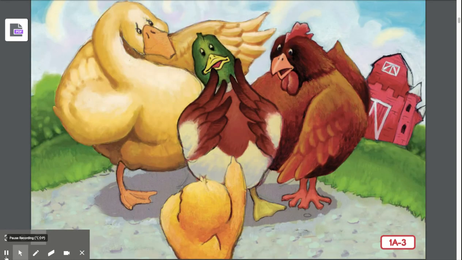So Goosey Lucy, Henny Penny, and Chicken Little hurried along until they met Ducky Lucky. "Ducky Lucky, the sky is falling," cried Goosey Lucy. "Well, how do you know?" asked Ducky Lucky. "A piece of it fell on my poor head," said Chicken Little.